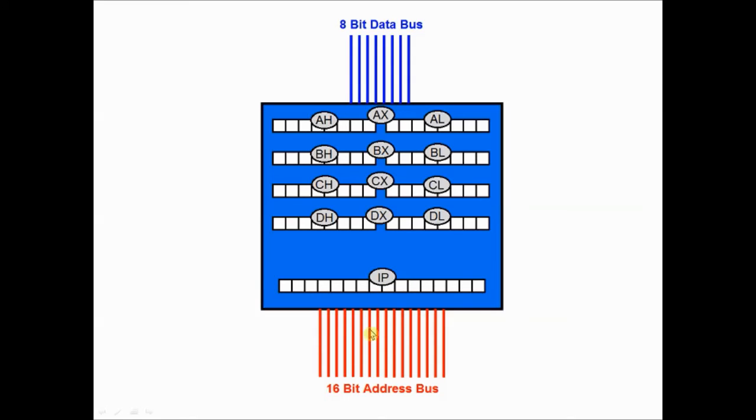That goes out to the address bus, and that is where you are going to point to a particular memory location. You should note also, it's possible to move 16-bit numbers from these registers onto the instruction pointer so that that becomes the next address that's pointed to.